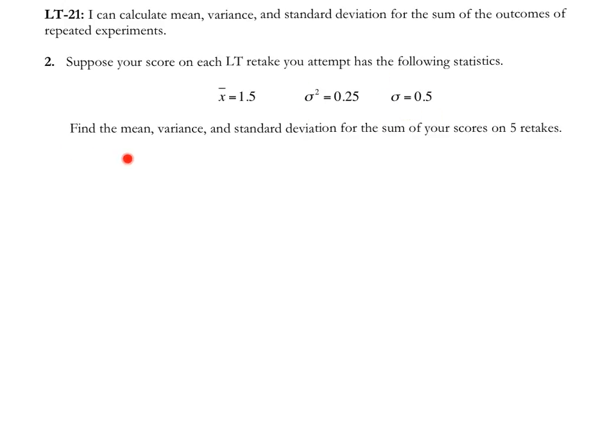And the question is to find the mean, variance, and standard deviation for the sum of your scores on 5 retakes. So if we do 5 retakes and each of them has a mean of 1.5, the mean for the sum will just be 1.5 added up 5 times, or in other words, multiplied by 5. So to find our new mean, we take our mean, 1.5, and multiply by 5.